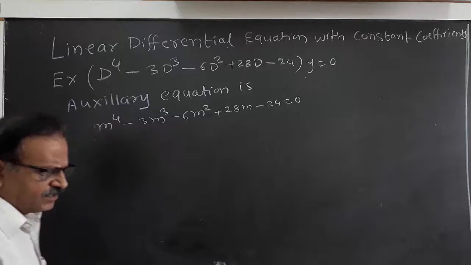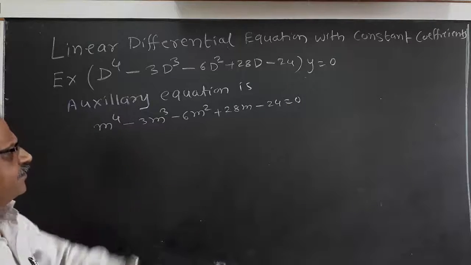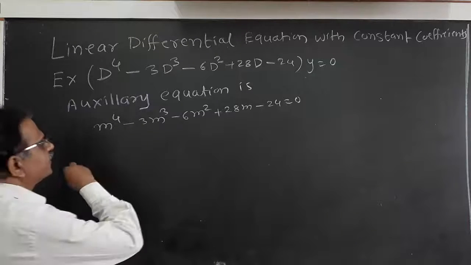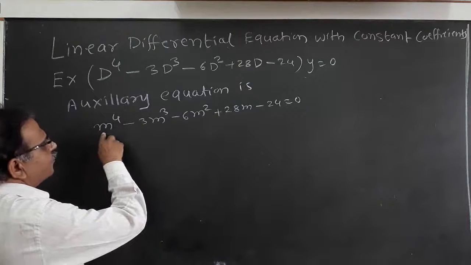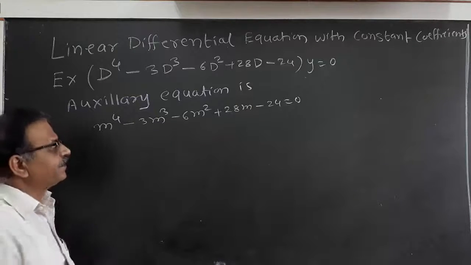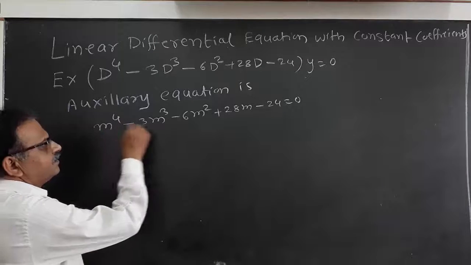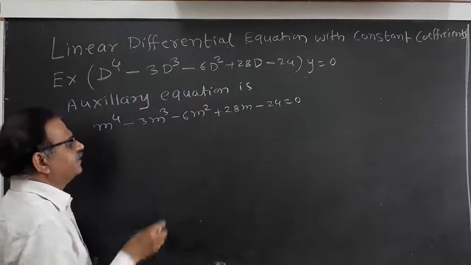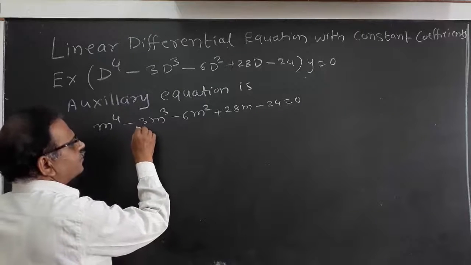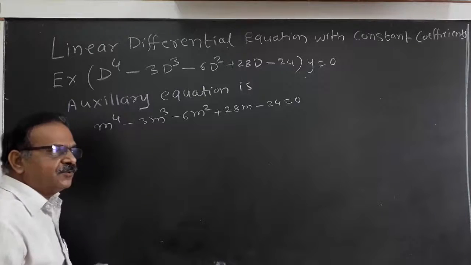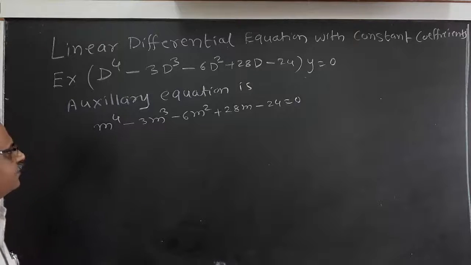Now to find out the roots of this equation, we shall use trial and error method. As the sum of all coefficients is not 0, m equal to 1 is not a root of this equation. The sum of coefficients of even powers of m and the sum of coefficients of odd powers of m are not the same. Therefore m equal to minus 1 is also not a root of this equation.